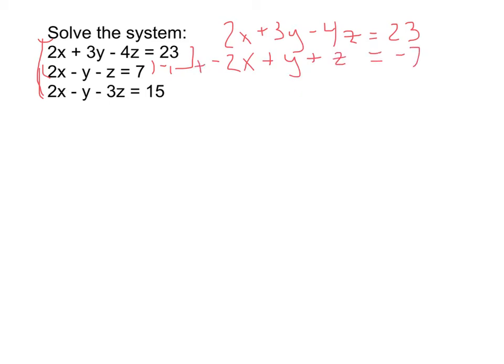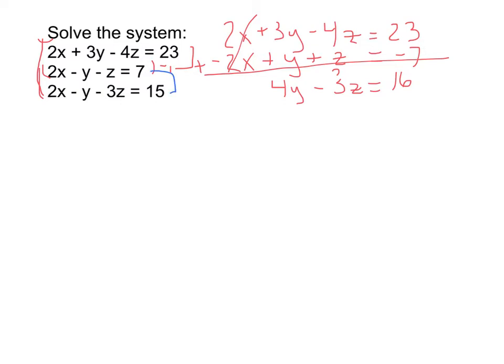And then I can add that up. The x's cancel. I get 4y minus 3z equals 16.